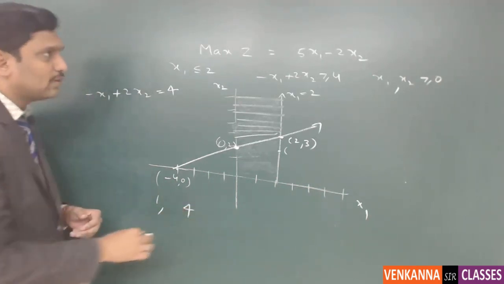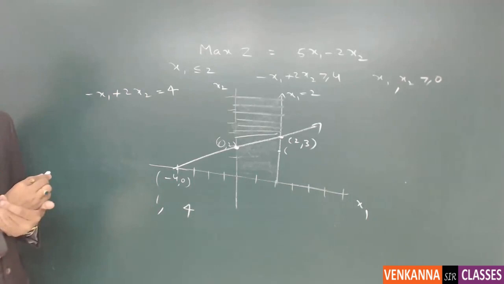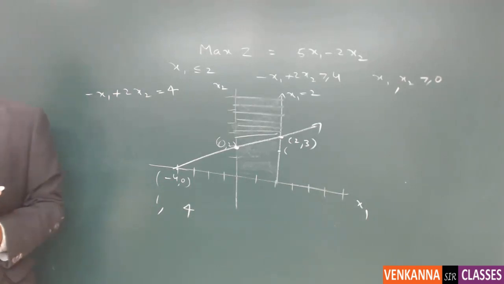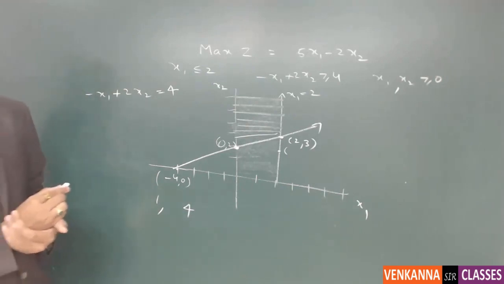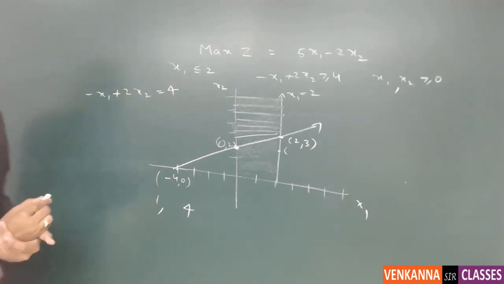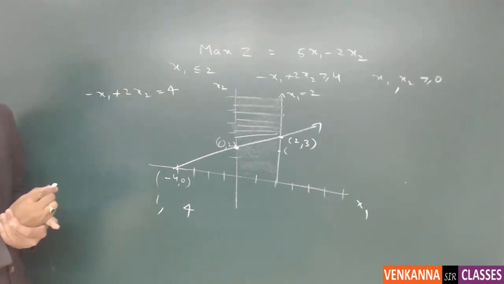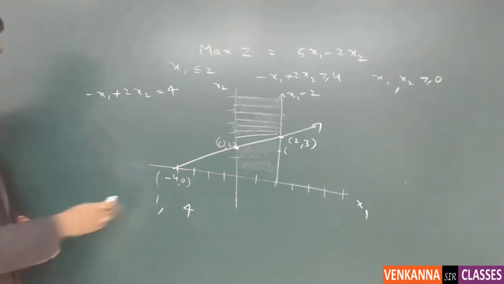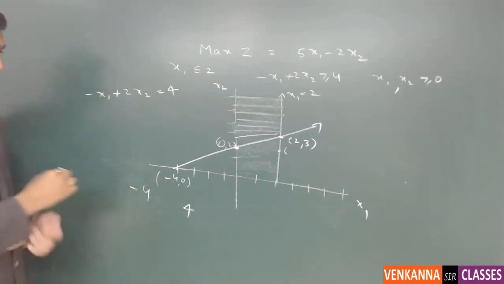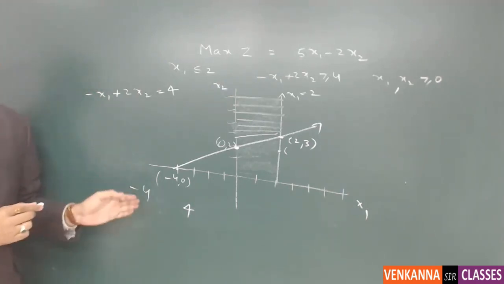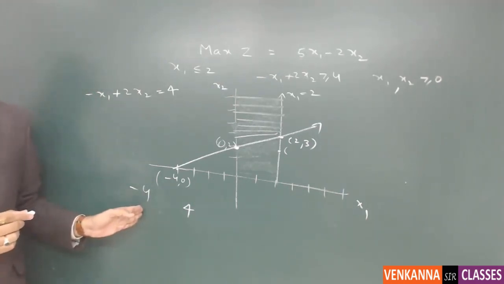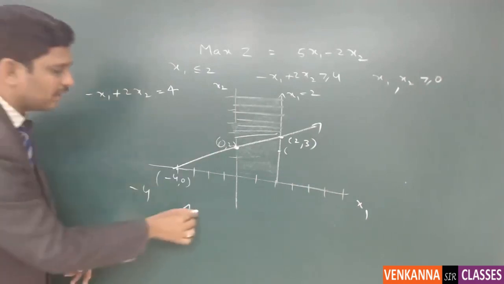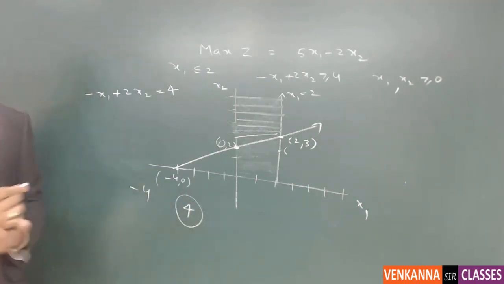Is that 4? Yeah. So if you substitute 0, 2, the value will be minus 4. Am I correct? Right. So which we do not consider. And if you substitute 2, 3, the value will be 4. 4 is the maximum.